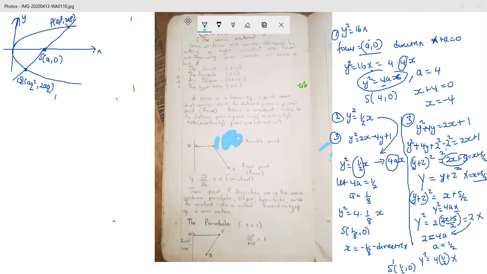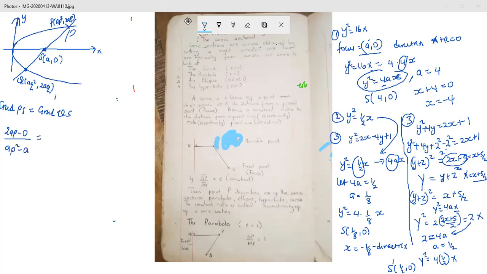And if the equation of the focal chord is to be determined, then the gradient of PS, this is point P, should be equal to the gradient of QS. So you get the gradient between Q and S and the gradient between S and P, which is 2ap minus 0 over ap squared minus a.